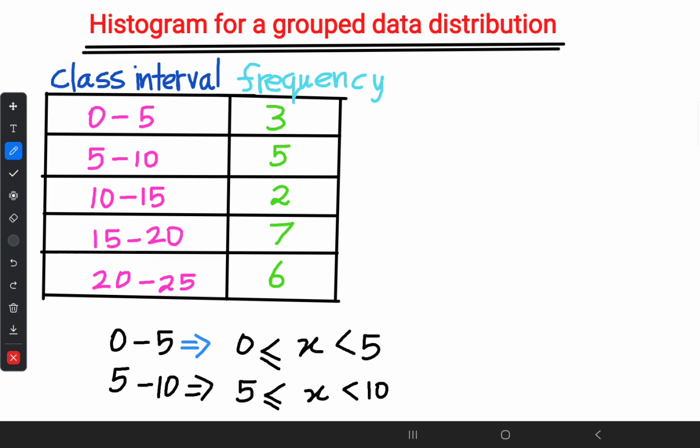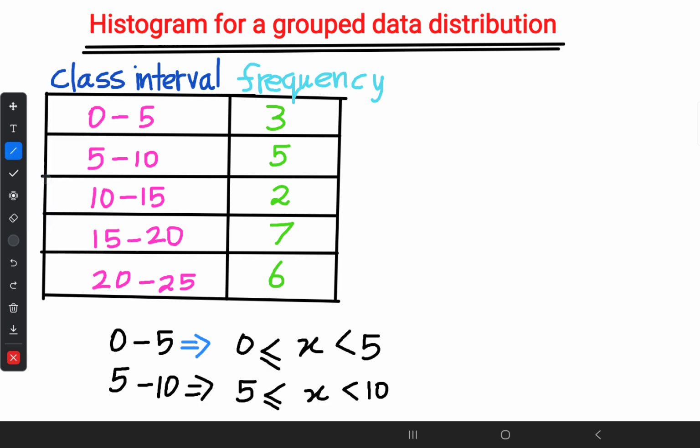So 3 passengers in the bus are aged between 0 and 5, but not exactly 5. And the people who are exactly 5 and less than 10 are in the second interval. There are 5 such passengers in the bus.